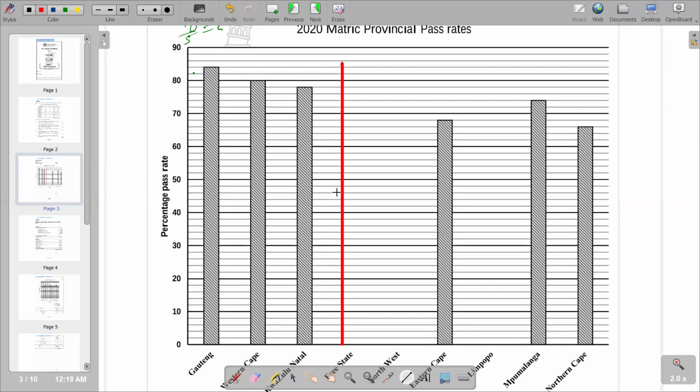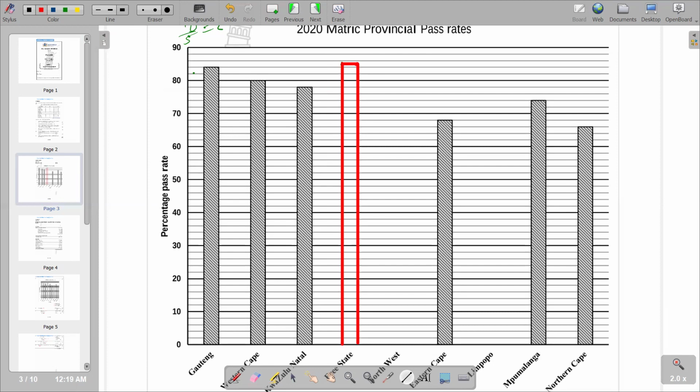And we also have another vertical line on the other side, and it also is on the same level. And obviously we have to close here. So this is what we have in terms of our Free State.